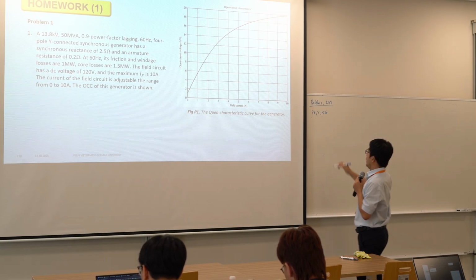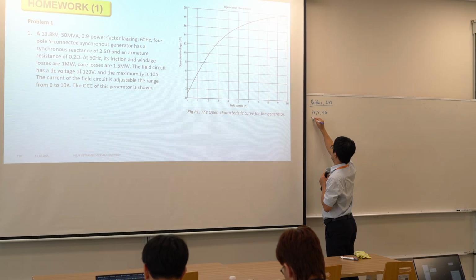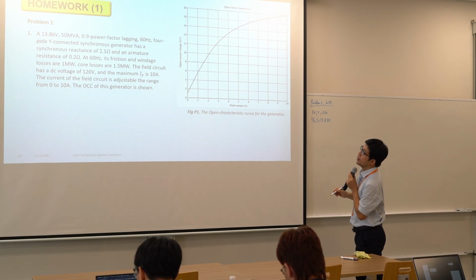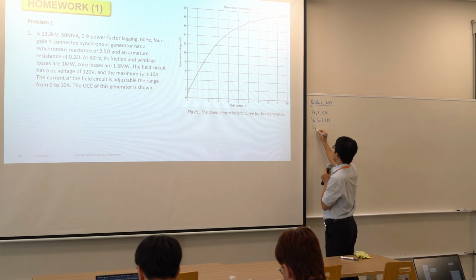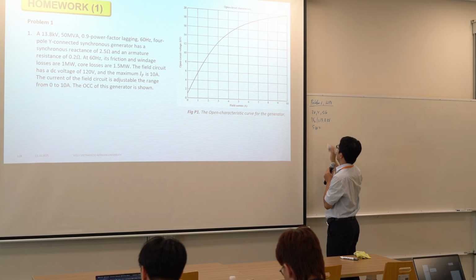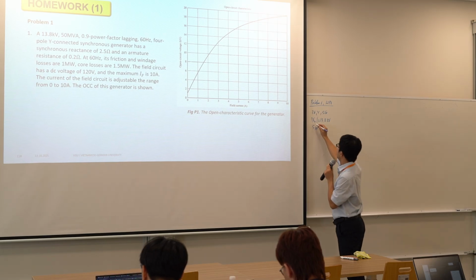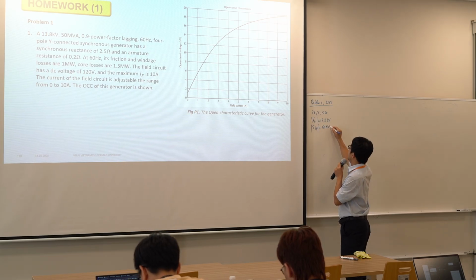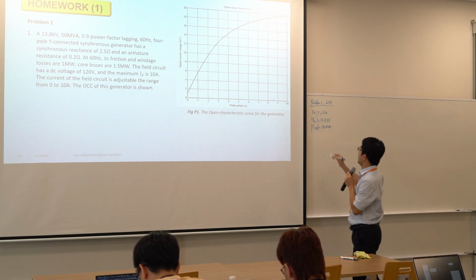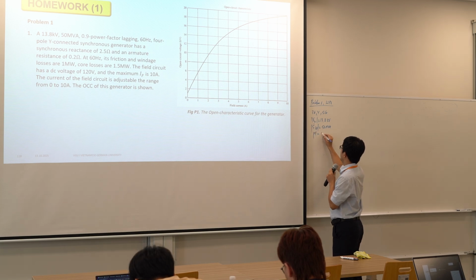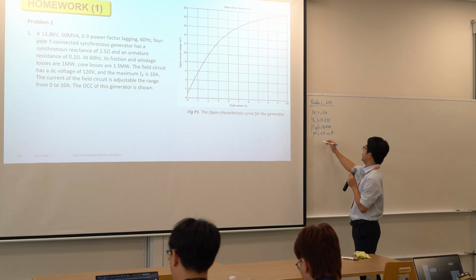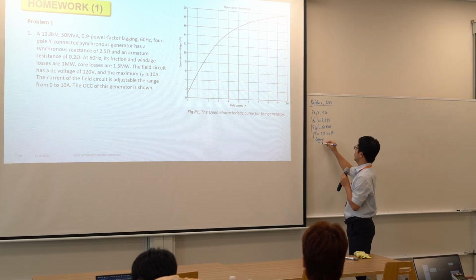They give us the line voltage, 13.8 kV, and at 3-phase, 50 MVA, and the power factor is 0.9. Please help me. How about theta? This is lagging.